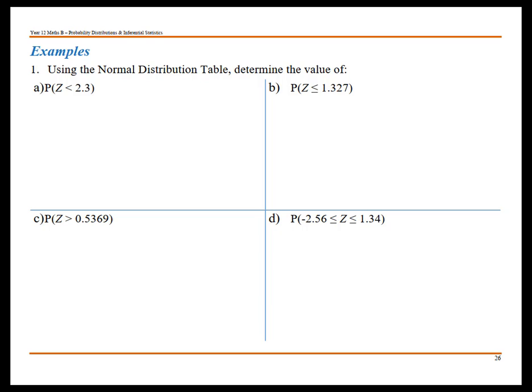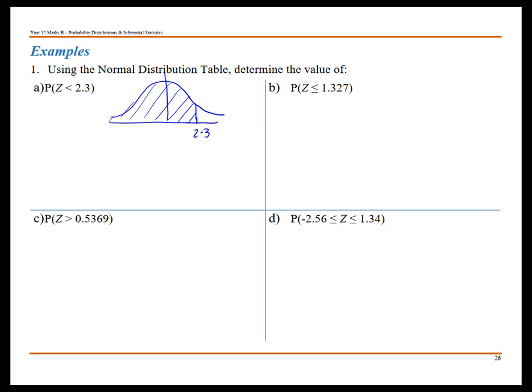So this one says, using the normal distribution table, determine the value of the probability that Z is less than 2.3. So I strongly recommend drawing a picture. So there's your bell-shaped curve. 2.3 is over this side. It's positive. Okay? It wants what's the probability or what's the proportion less than 2.3.